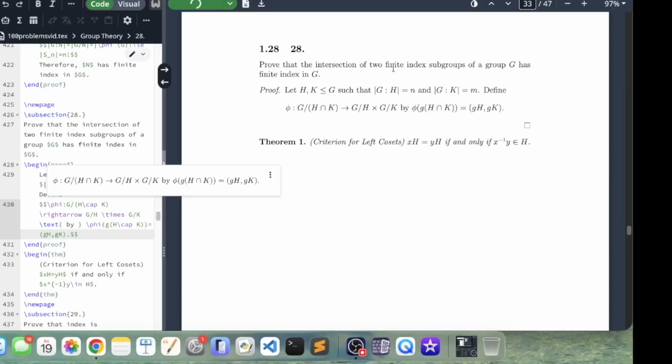Because we're introducing a map, we're going to prove two things. First that it's well-defined, and then we will show that it's injective. If it's injective, the order of this is less than or equal to the order of this, and we know that the order of G modded out with H is n, and the order of G modded out with K is m, which are finite.